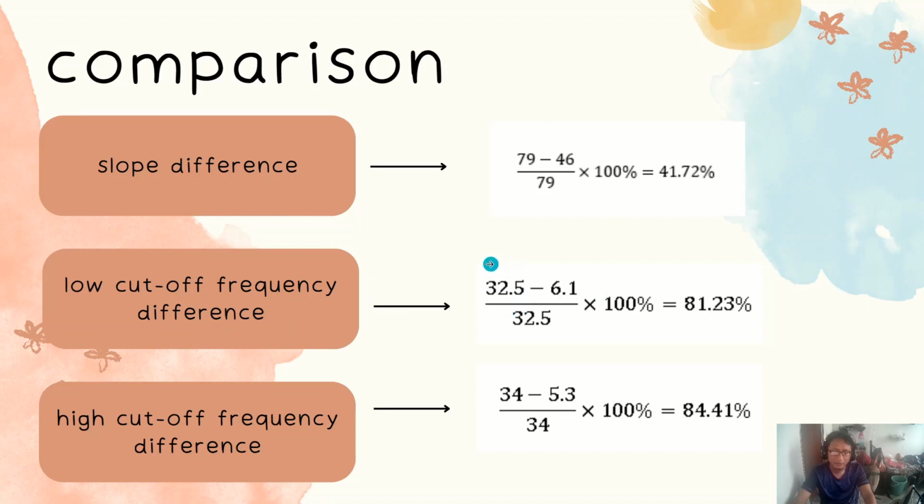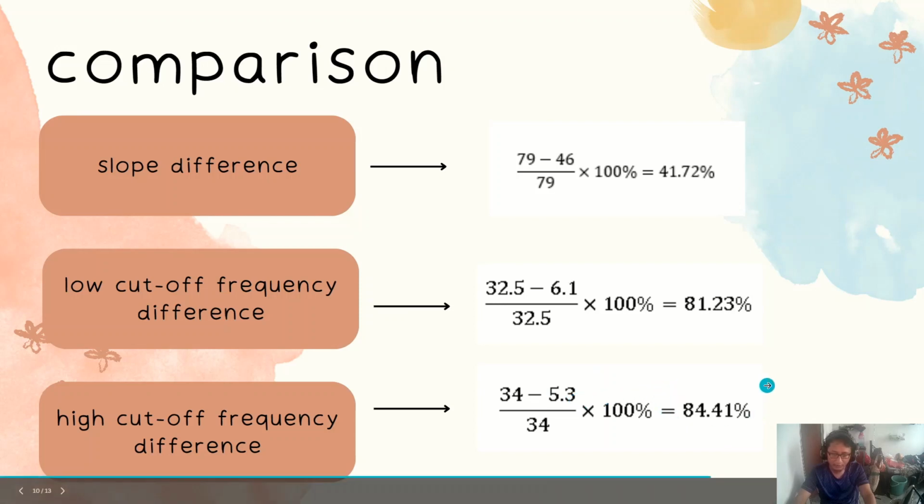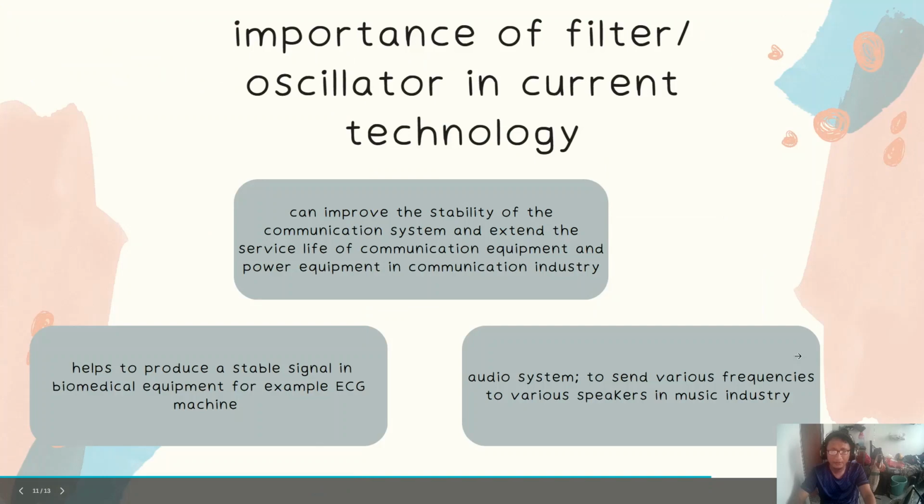Here we can see the simulation low cutoff we got 32.5 dB, and in hardware we got 6.1 dB, so we get an error of 81.23%. For the high cutoff, the simulation is 34 and the hardware we got 5.3, and we got an error of 84.51%.